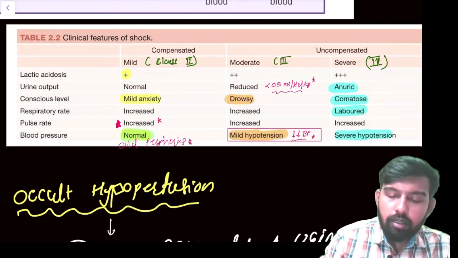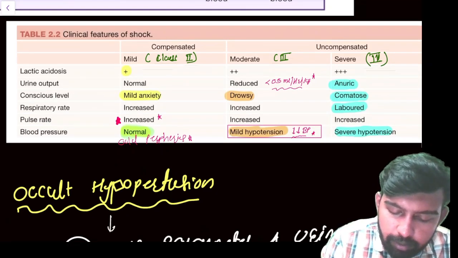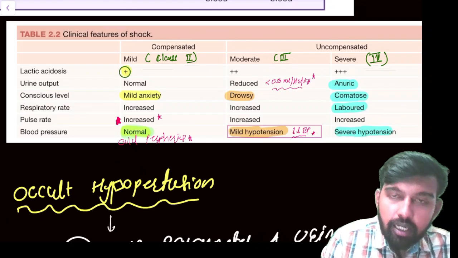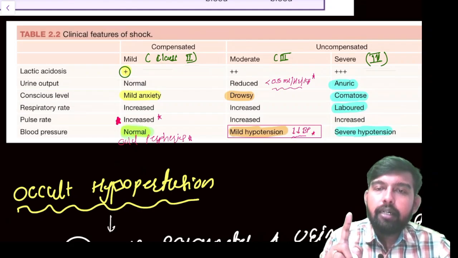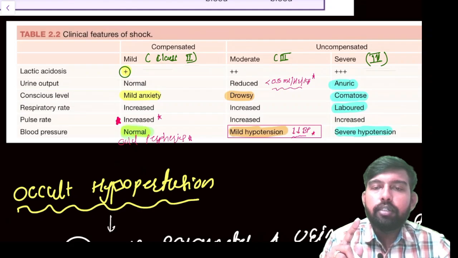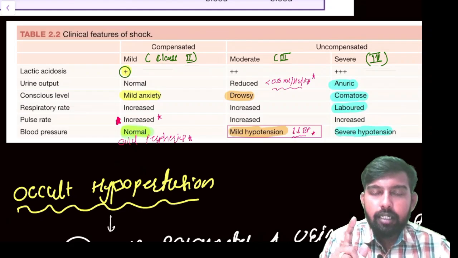In a mild or compensated shock, there is a presence of lactic acidosis. We have already seen that in class 2 shock there is a mild lactic acidosis, which causes a base deficit of about minus 2 to minus 6 milliequivalent.